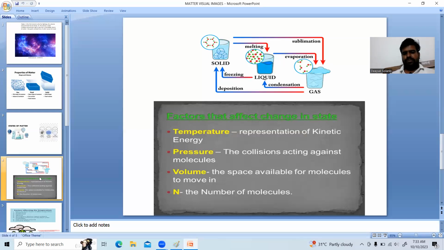The more molecules, the harder it is to break the force of attraction between them. The fewer the molecules, the more chance for the state of matter to change.